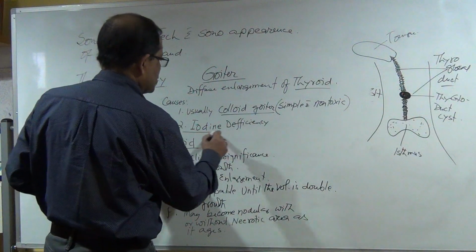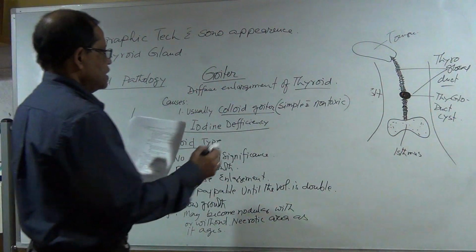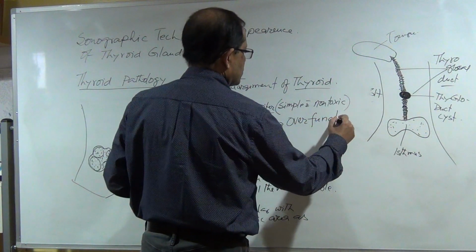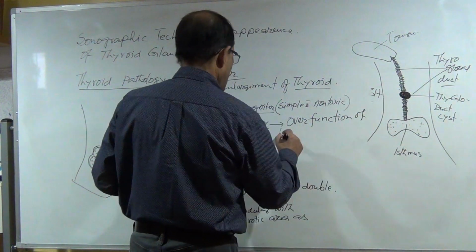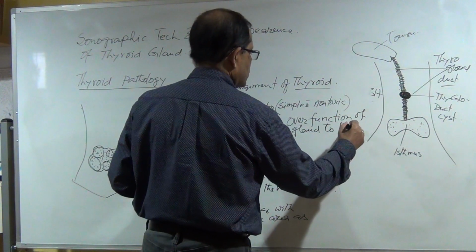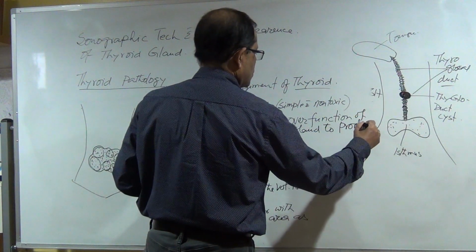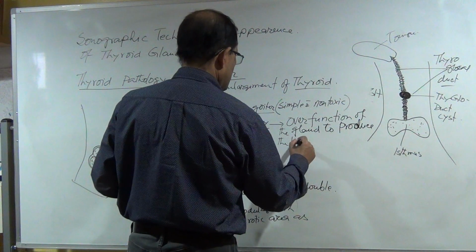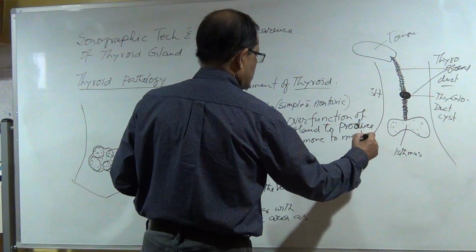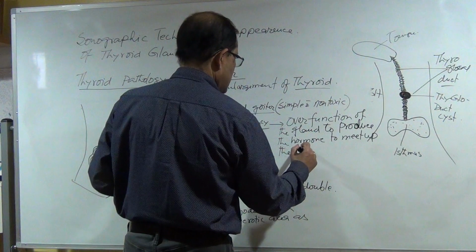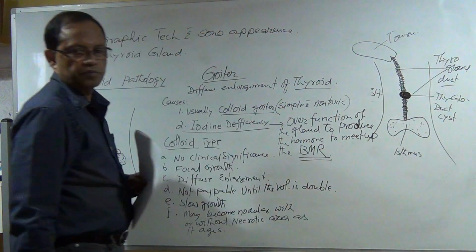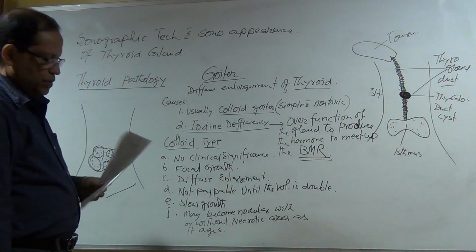So iodine deficiency goiter, it is usually the over-functioning of the gland to produce the hormone to meet up the basal metabolic rate.